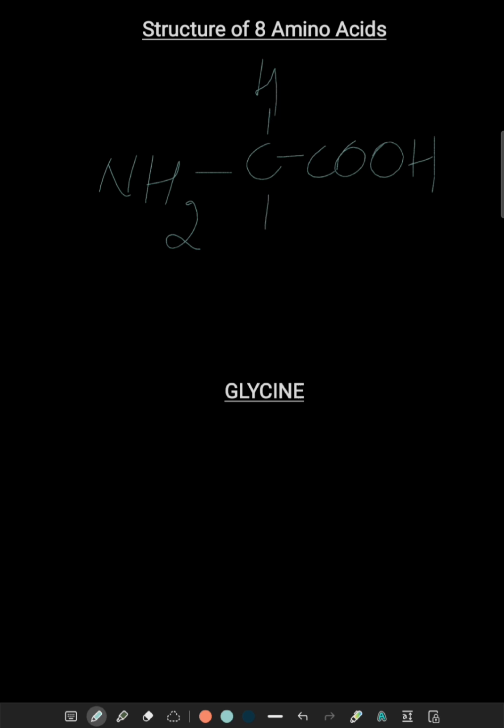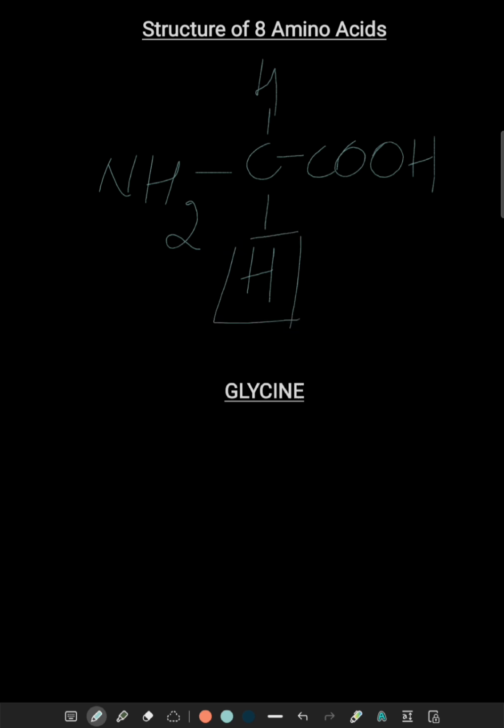So let's start with glycine. As we all know, this is the backbone of amino acid, right? And then towards the R group we have an H. So this is important.